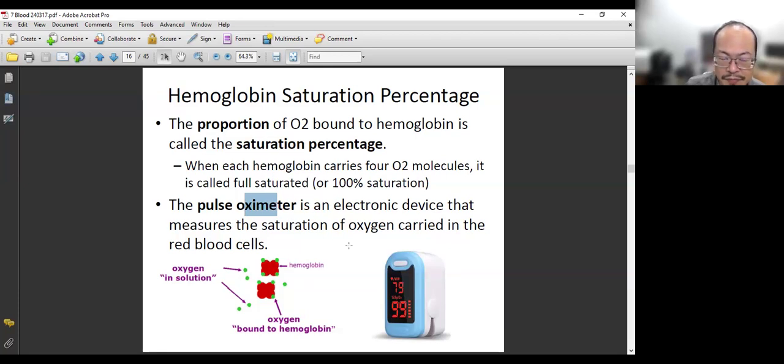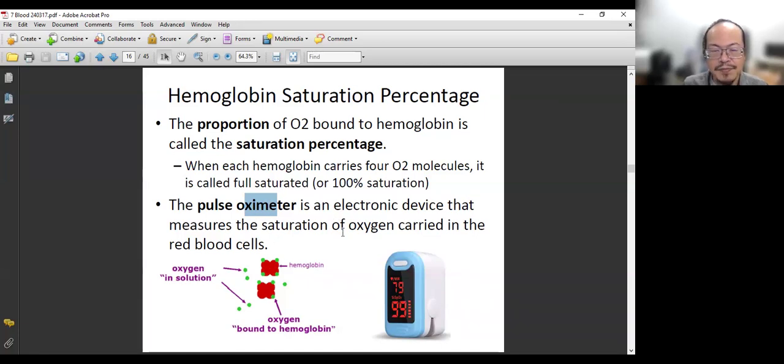You can see that 99 is the saturation percentage, and 79 in this case is the heartbeat. So you always get 2 numbers when we put this on the finger.